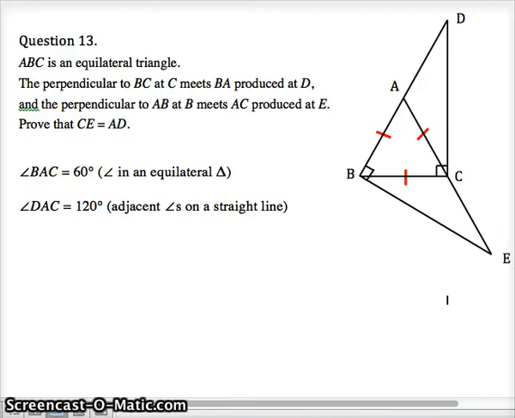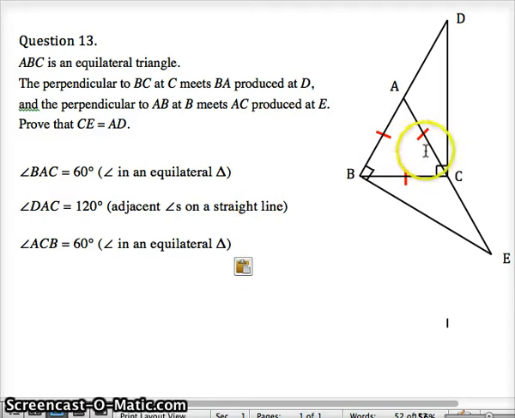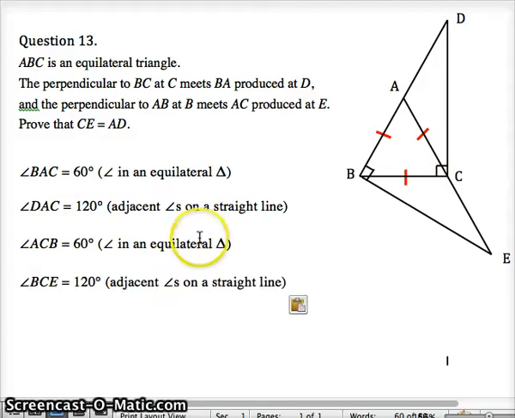Similarly, angle ACB is 60 degrees because it's also an angle in an equilateral triangle. And again, angle BCE will be 120 degrees as well because we've got a straight line there.